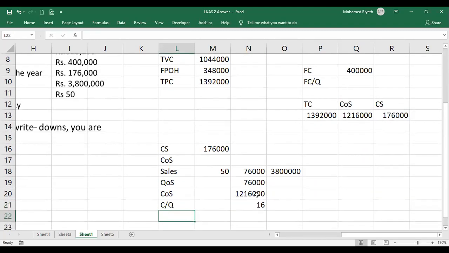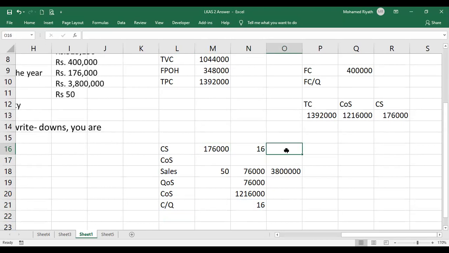How much? 16. And closing stock equals 176,000. We know the cost per unit equals 16.